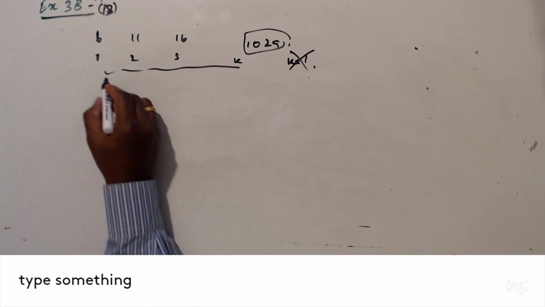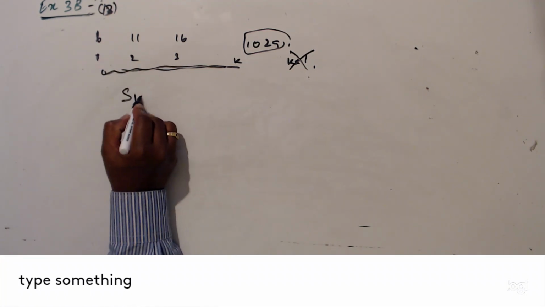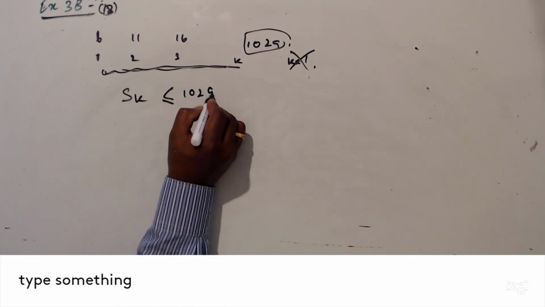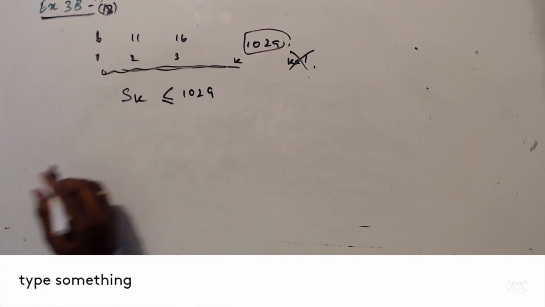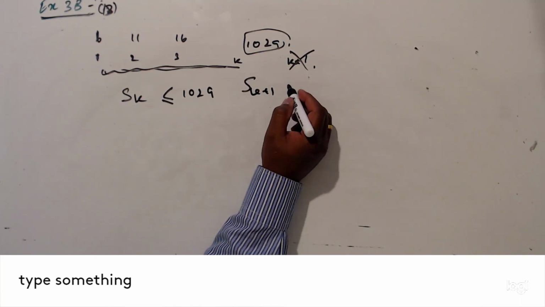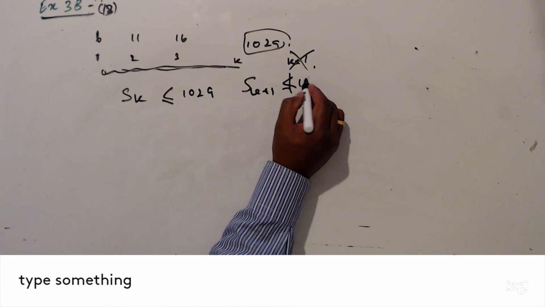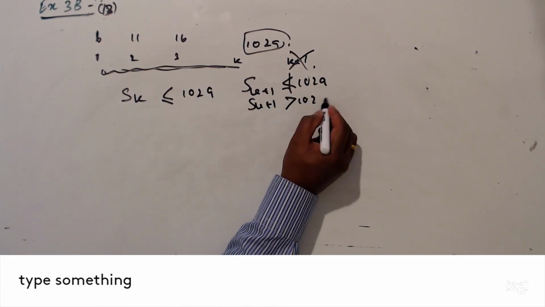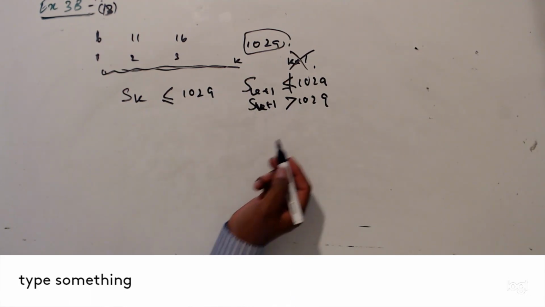It means the total Sk should be less than or equal to 1029, and Sk plus 1 is greater than 1029.